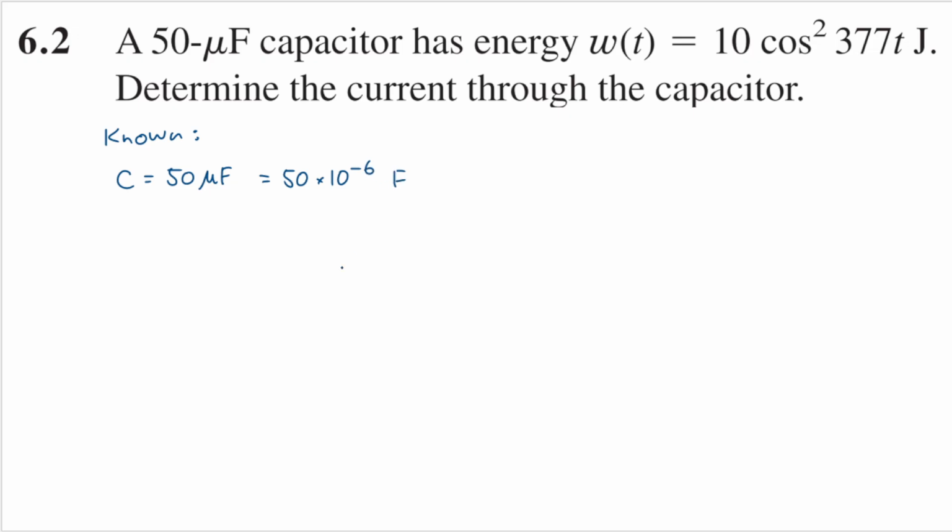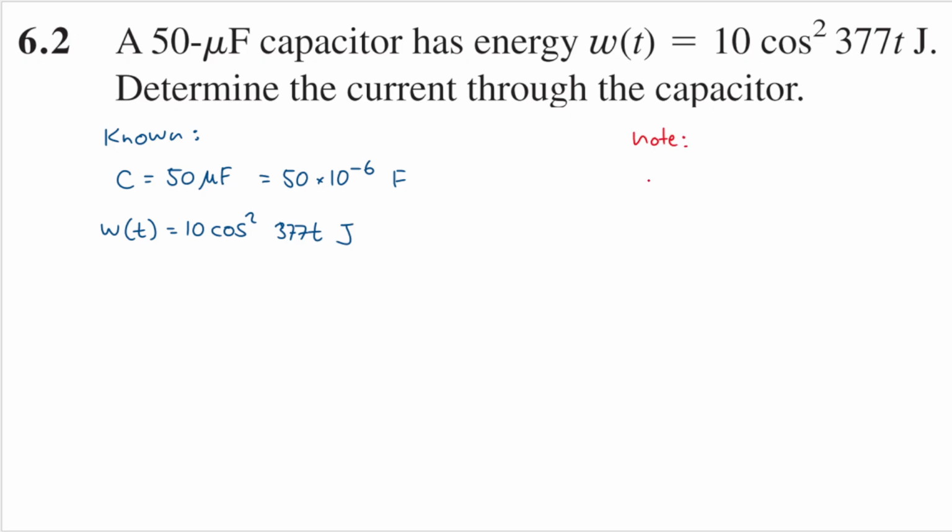Now we know the energy W(t), which is 10 cosine squared of 377t joule.